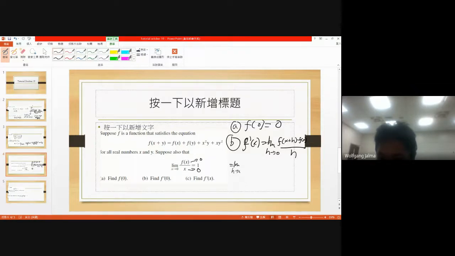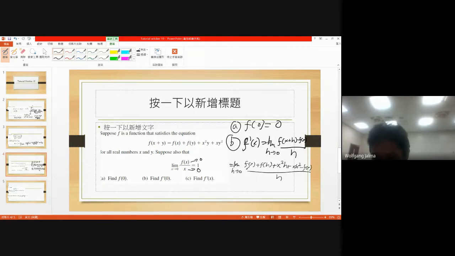h to 0, and the first one is f(x) plus f(h) plus x squared h plus x squared, right, minus f(x) over h.